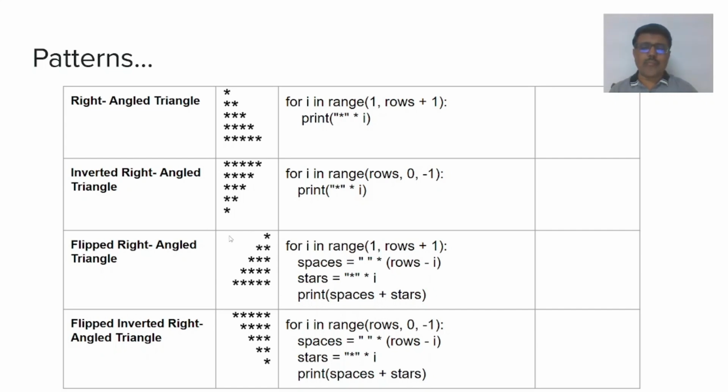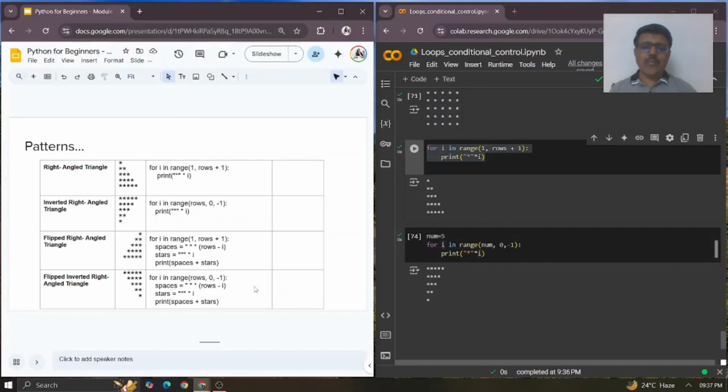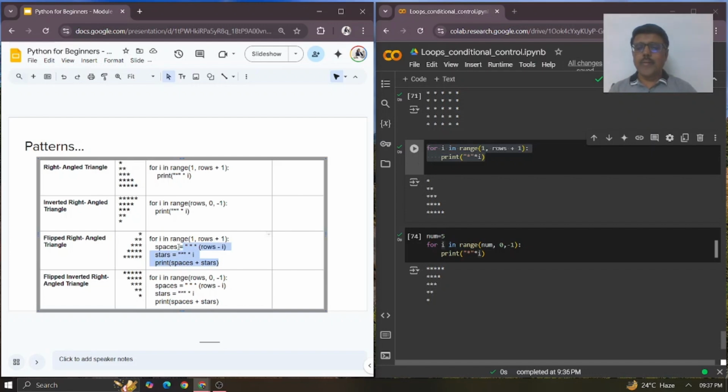That means the first four need to be empty, and then it is a star. But here, if you see, three spaces, then the remaining stars will come. And then here it will be two spaces, like that you will be getting it here, right? That is the logic you need to understand. So now let's quickly use this sample code, then you'll be able to understand and then do it now.